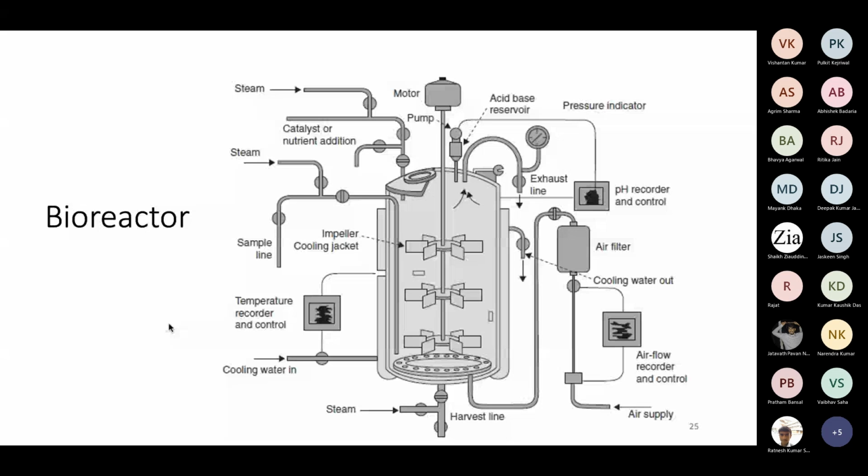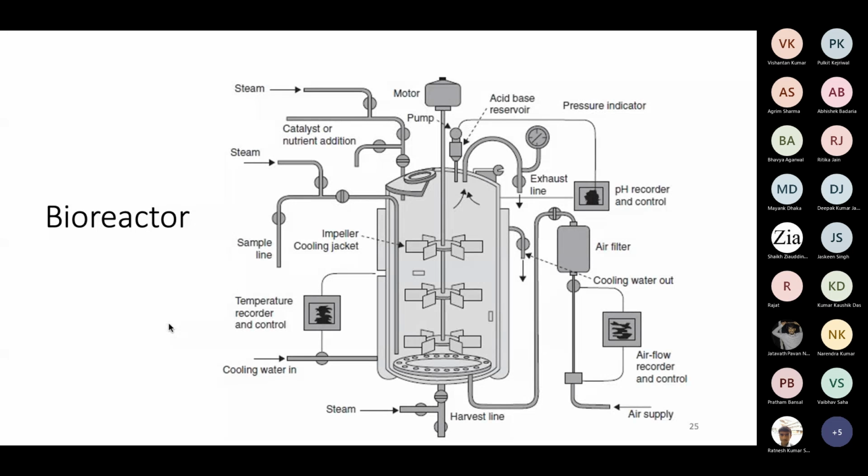And when you try to add the air, you need to maintain sterility. That's why you can see a box at the right hand side. There is written air filter. So whatever air you supply, that air stream should get filtered through the air filter.